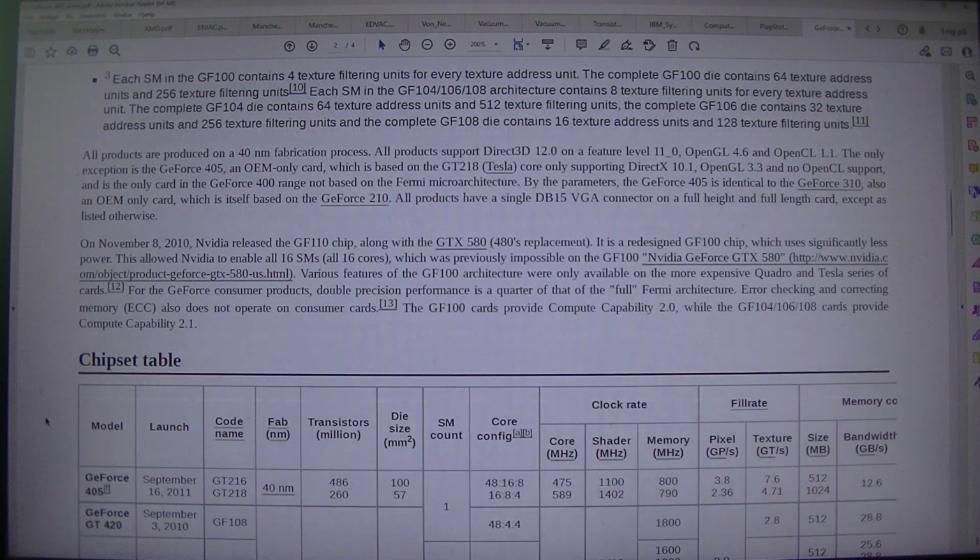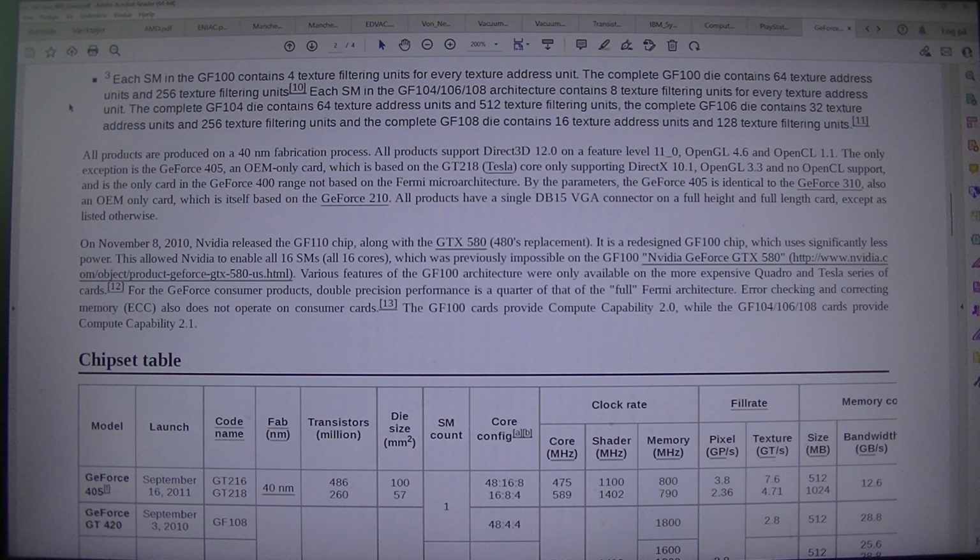3. Each SM in the GF100 contains 4 texture filtering units for every texture address unit. The complete GF100 die contains 64 texture address units and 256 texture filtering units. 10. Each SM in the GF104/106/108 architecture contains 8 texture filtering units for every texture address unit.